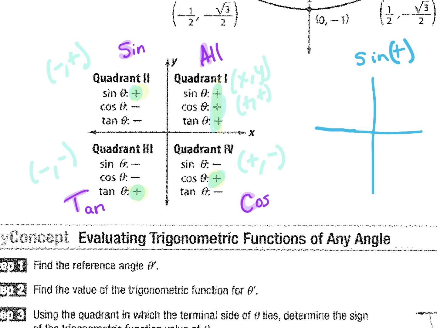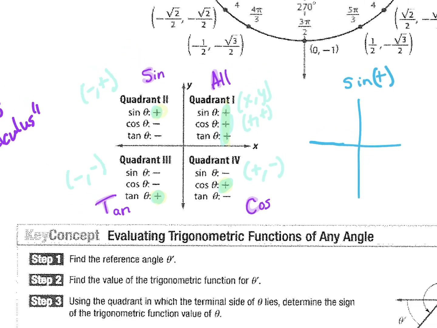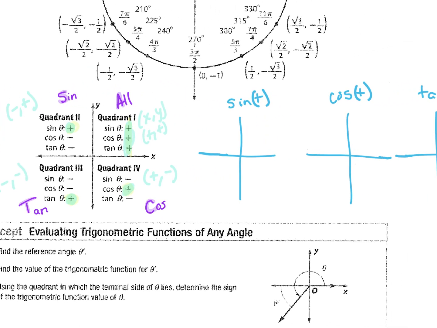So there's another visual that you can use to help with this, and I want to point that out to you also, just because I think for those of you who are visual learners that this can be helpful. So I want you to think about the fact that you have learned now that the sine ratio is y over r, or in the unit circle, y over 1.